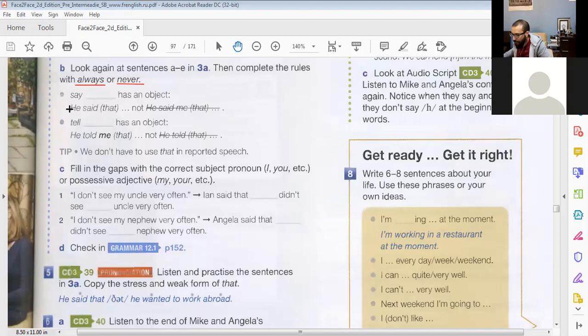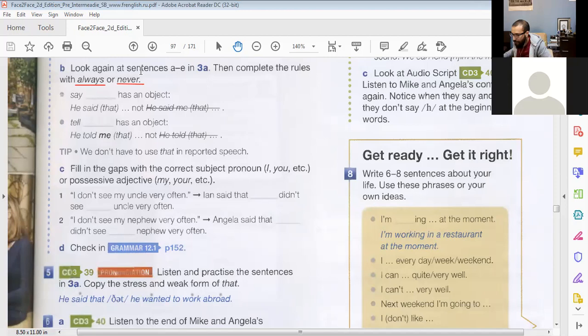Now let's look at how he used said. He said that blah, blah, blah, for example. But when we use he told, you have to say he told me that blah, blah, blah, right? So if you use say, do we use an object or no object? No object. Exactly.